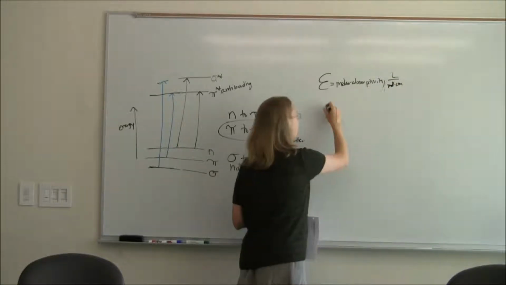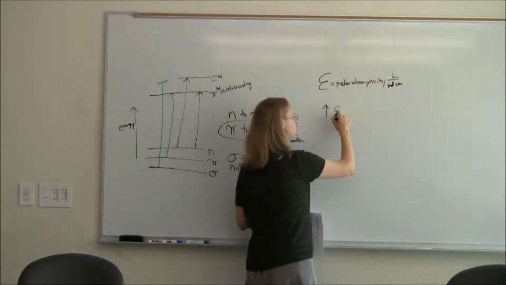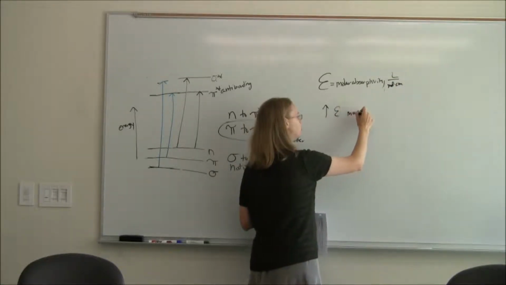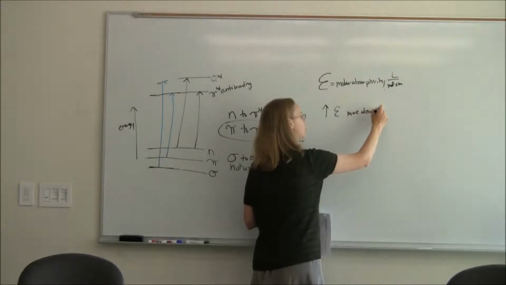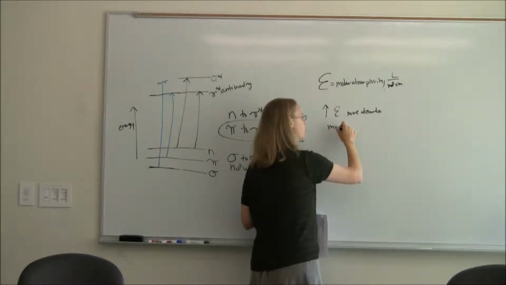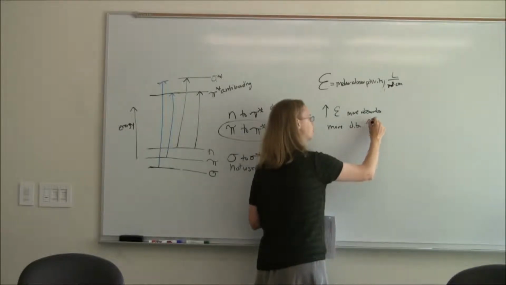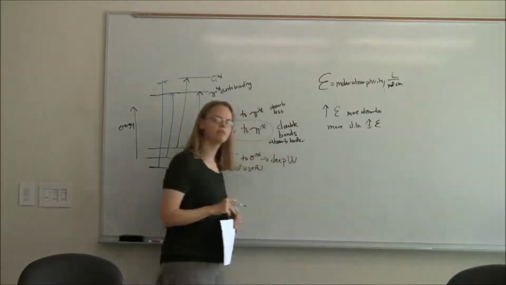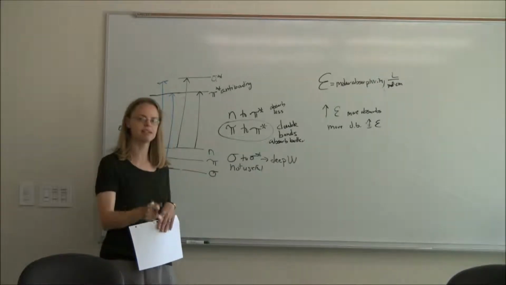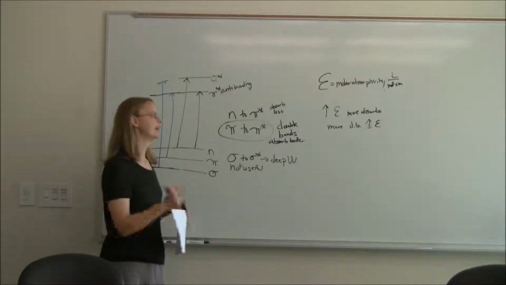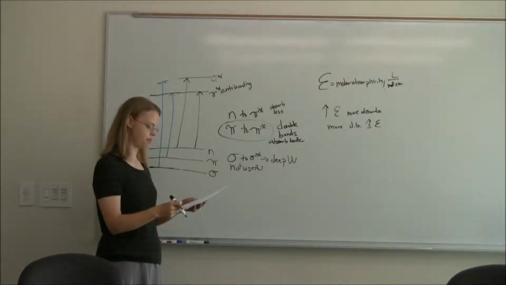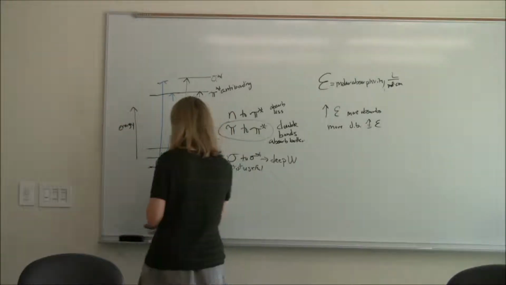So the higher the molar absorptivity, the more it absorbs. And quite frankly, the more double bonds, the higher the molar absorptivity. So if there's one thing you get out of this, double bonds, double bonds, double bonds, that's what you want for UV-vis.